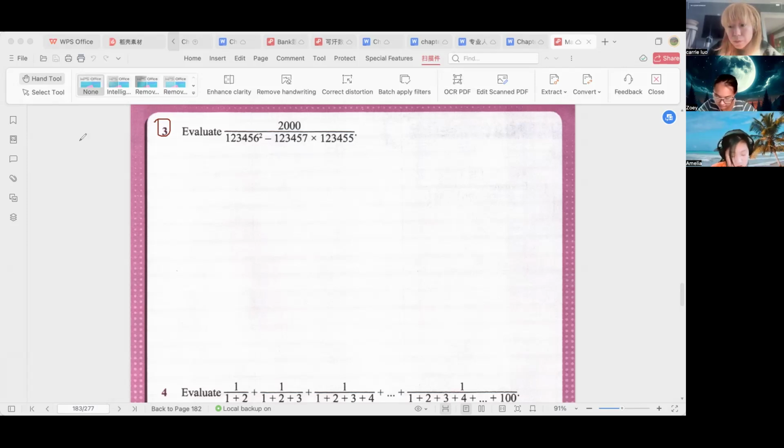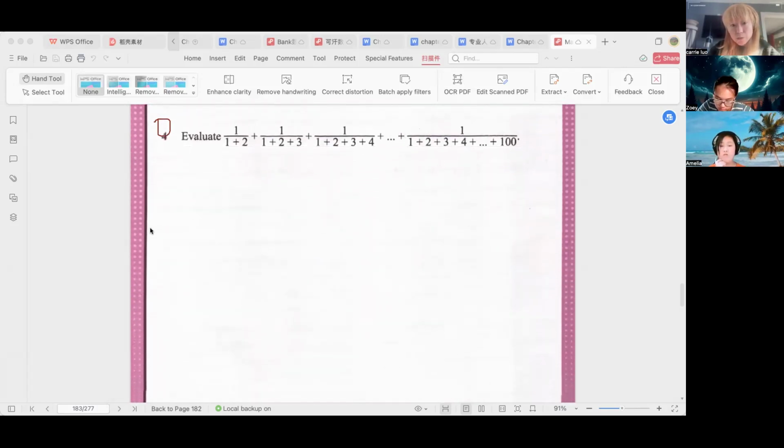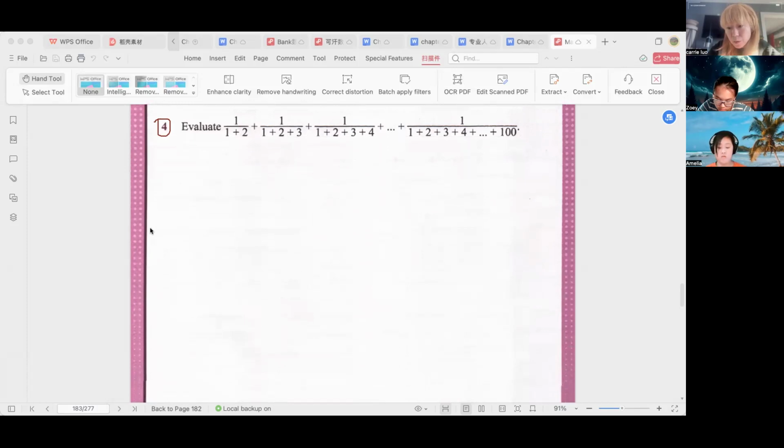Okay, so Amelia and Zoe, do you understand this question? Yes. Okay, so let's take a look at this one. So this question is almost the same, the same as we learned it earlier in the recording. Remember, Zoe and Amelia, please take a look.